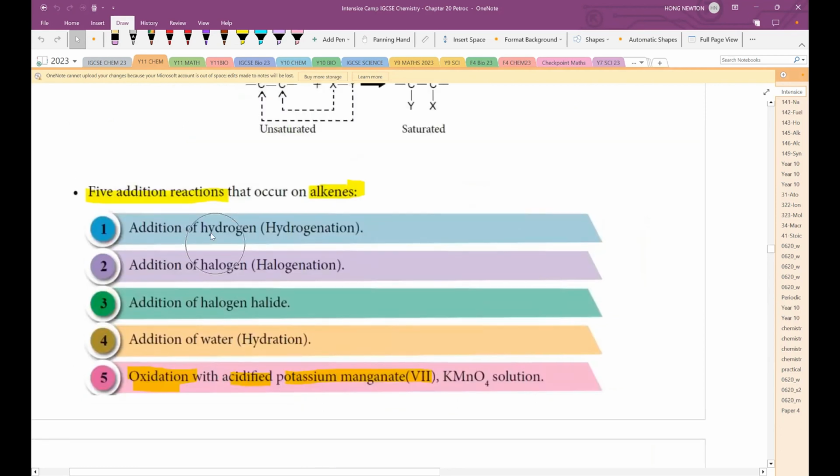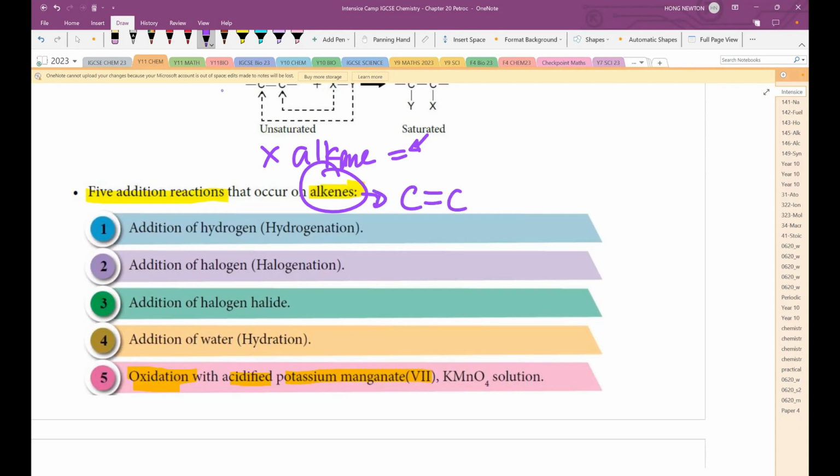So how many addition processes are there for the alkene? Again, why alkene and not alkane? Because alkane is considered a saturated hydrocarbon. When it's saturated, they have no flexibility to change anymore. But the alkene, as I repeat, has a double carbon bond, at least one, so they are flexible to change.